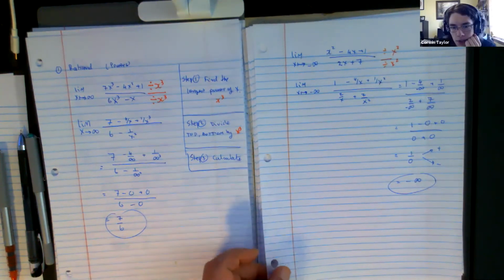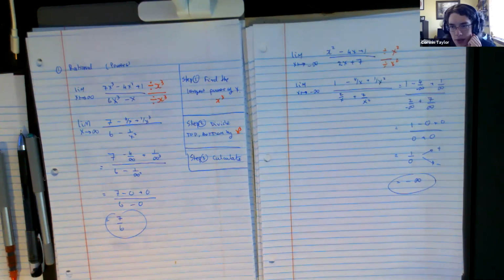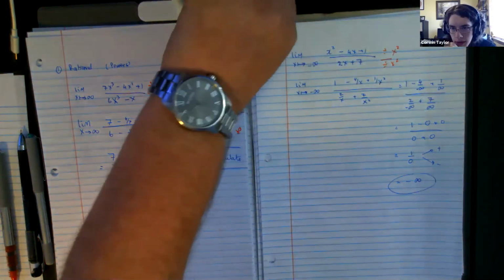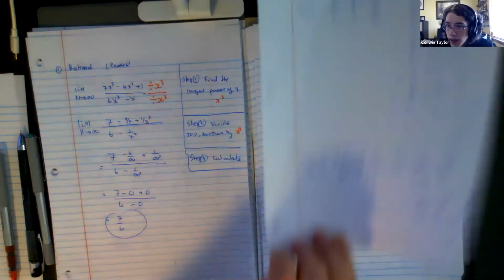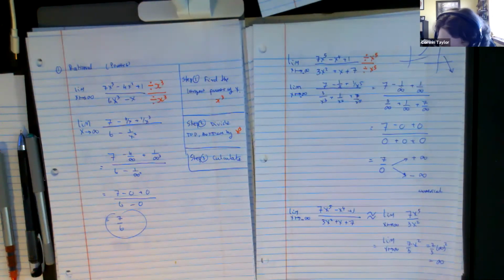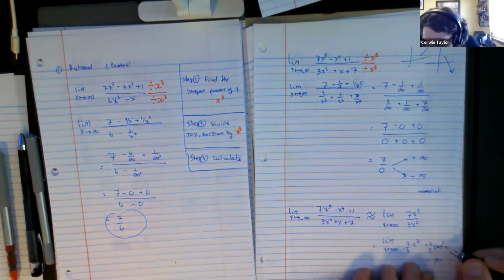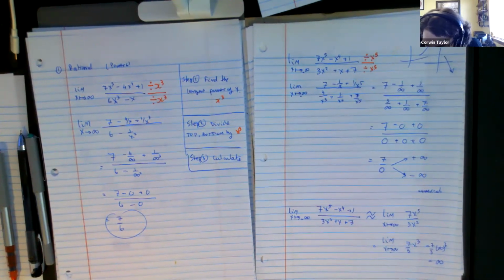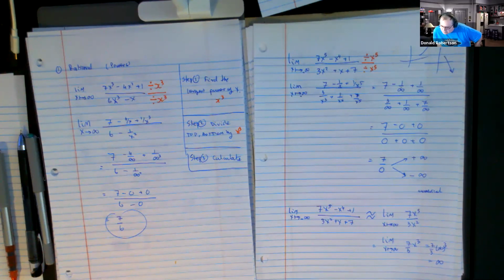I have a question. Could you go back to the previous page for a second? So at the end of the last question, you had 7x to the 5th over 3x squared, and then you took out the x squared.